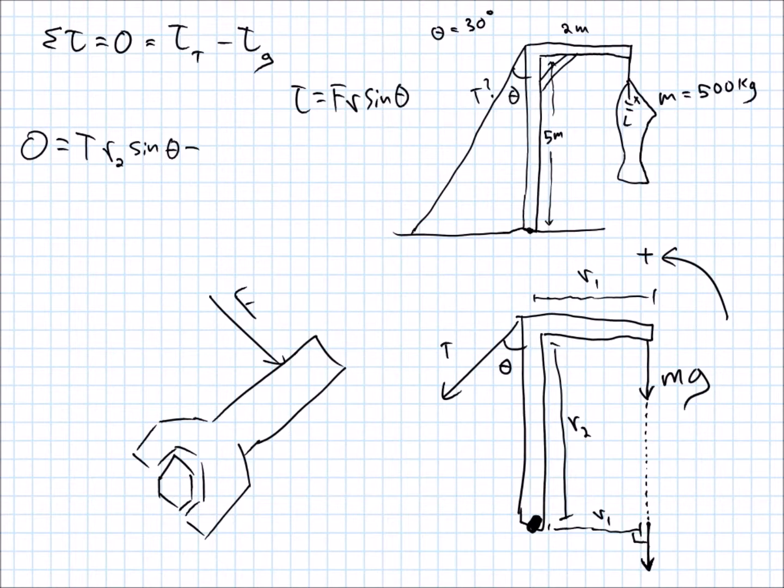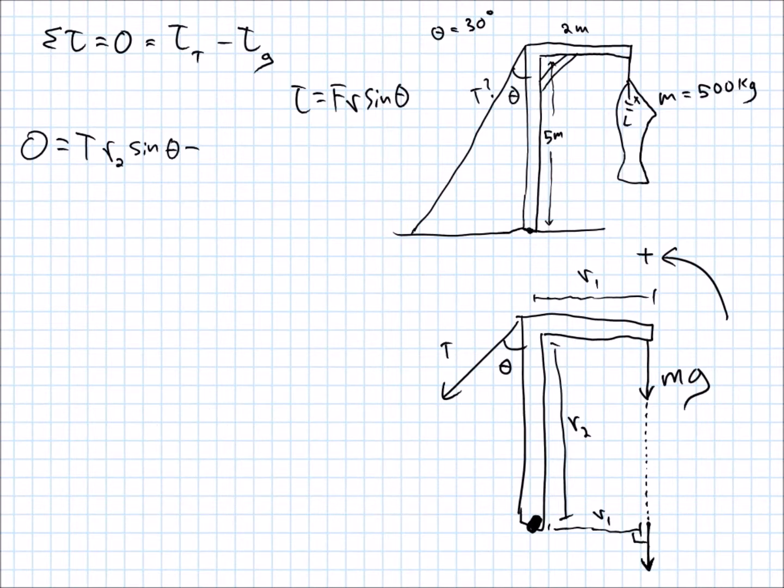But wouldn't I achieve the exact same results of that push if I was to, say, just somehow attach a rope and pull with that force F? It would be exactly the same. It doesn't matter if you're pushing or pulling. We're allowed to move forces straight along their line. We are not allowed to move them from side to side because that would change the torque. But this actually is a valid trick. All right, so get out of here, wrench.